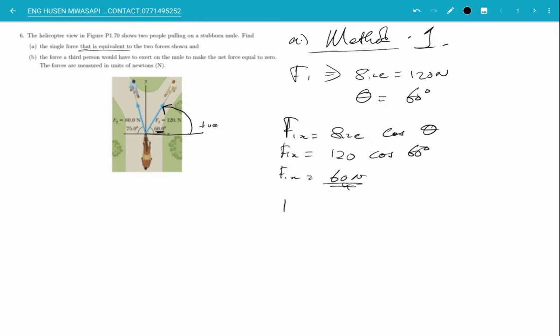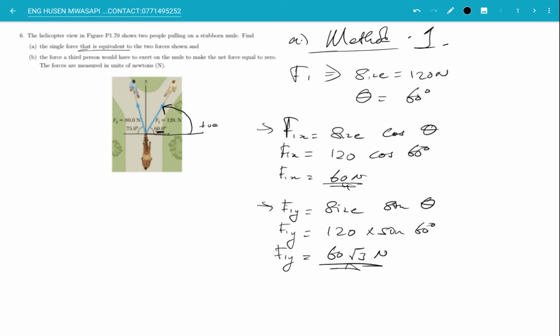Now let's look for the y component. F1y is equal to the size. For the y component, remember it's size sine theta. So F1y is equal to 120 times sine 60 degrees, which will give you about 60√3 newtons.